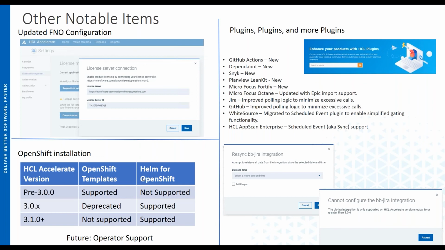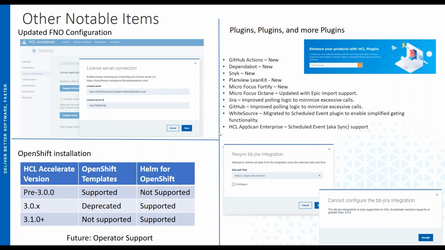So as you are going through your upgrade, and you can do it during your upgrade as well, you will need to migrate to the Helm installation path. There are migration steps on our website to help you through that. This has situated us well for operator support. This was definitely done with operator support in mind, and it's something that we plan to support in the near future.